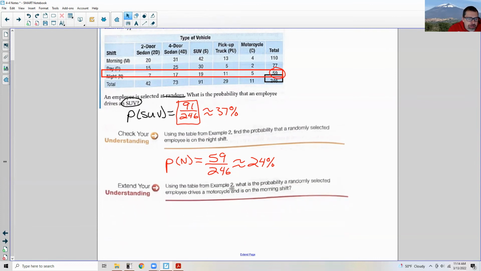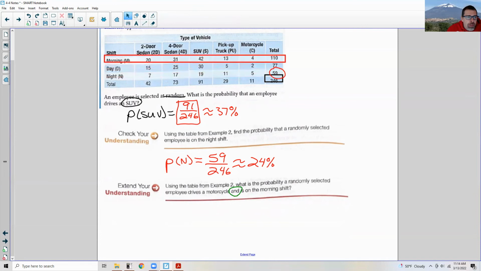All right. Extending your understanding, it says using the table from example 2, what is the probability that a randomly selected employee drives a motorcycle and is on the morning shift? Now, this is a little bit different. Okay. The word and means that we have to take both things into consideration. So we're on the morning shift now. So we move this up to morning. So we're looking at these values here.